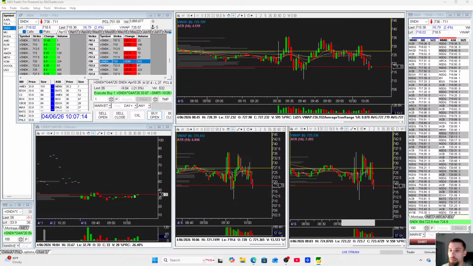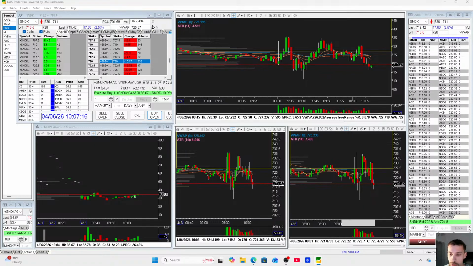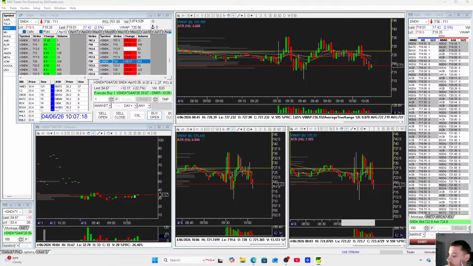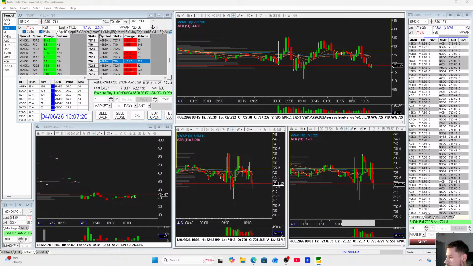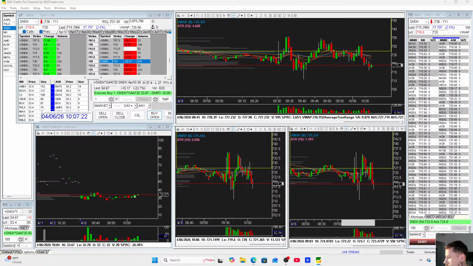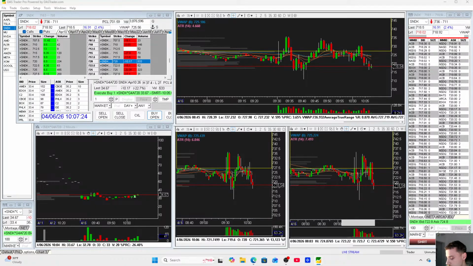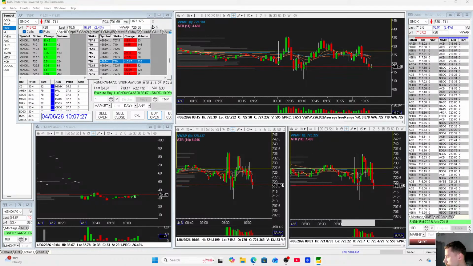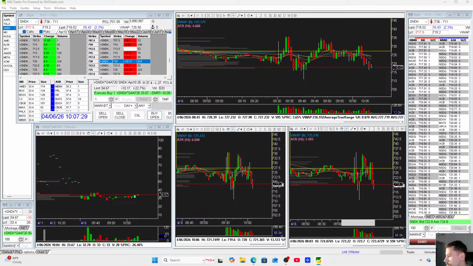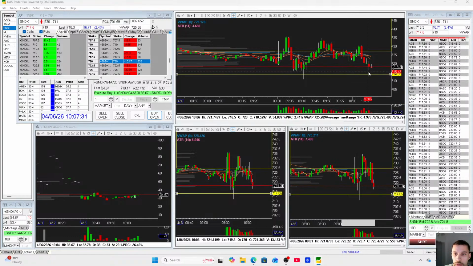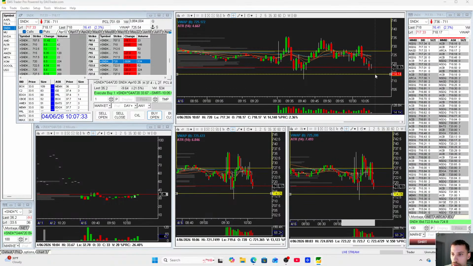I mean, right now it's at a pretty strong area of support, I would say, so might just bounce here. See if we can get down to this level.